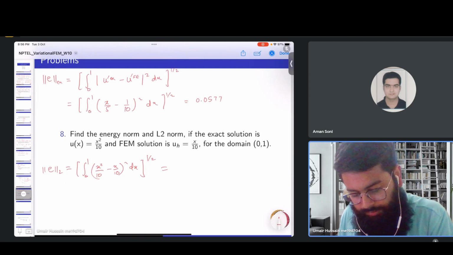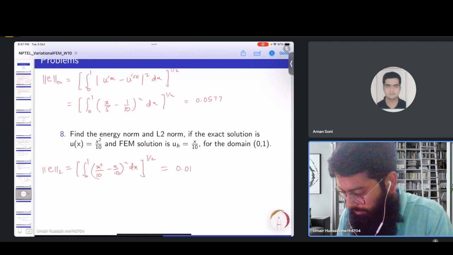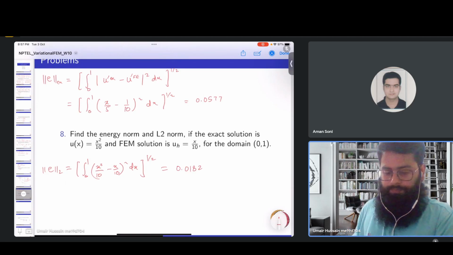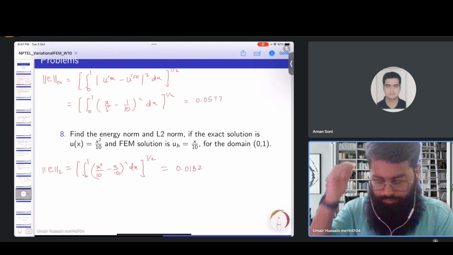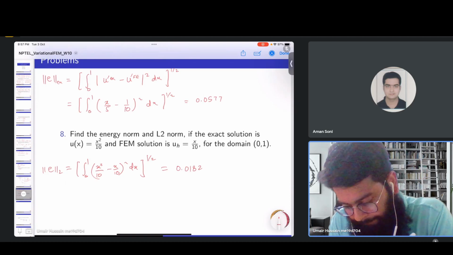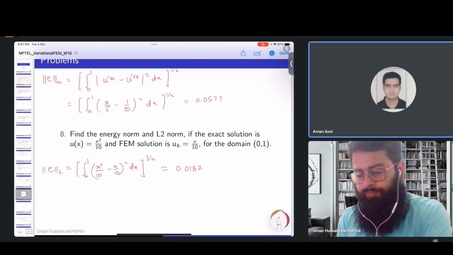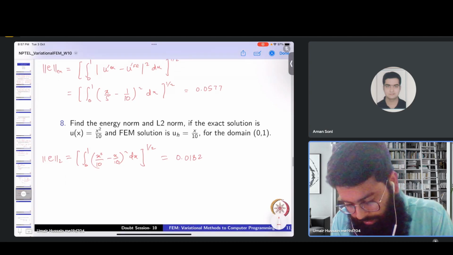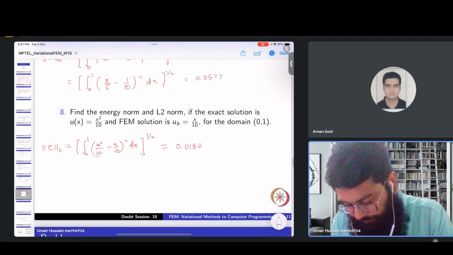So this is 0.1, okay, 0.2. So it's quite different from this. Yeah, so these are the errors.